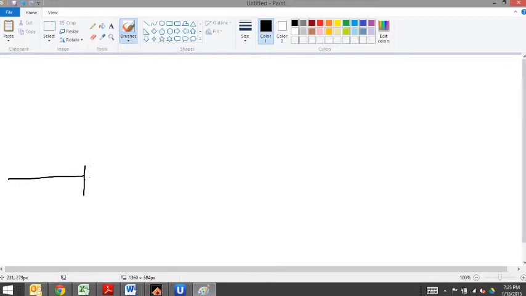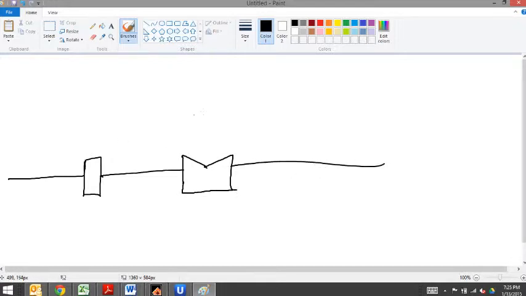We have an ion channel, and then we have a G-protein coupled receptor. What happens when a neurotransmitter binds to an ion channel? The ion channel opens up, with free flow of ions in and out of the cell.